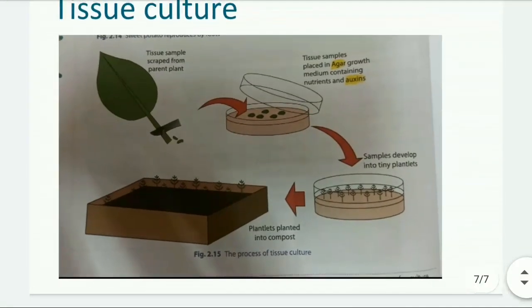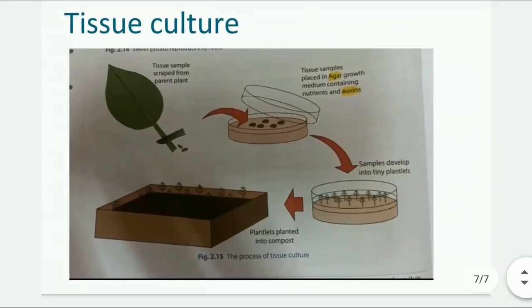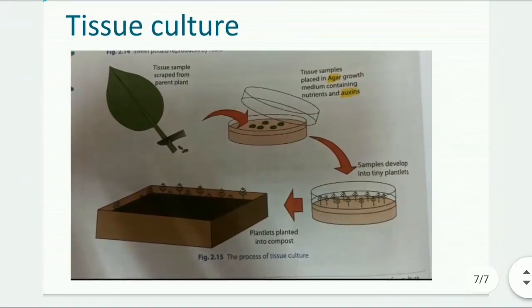Second, even if the plant is diseased, if the cells are taken from the growing part, that is the tip of the stem or the tip of the root, then the new plants formed by this method are disease free. And one more advantage is that a large number of plants can be grown from a few cells. So these are the advantages of tissue culture.